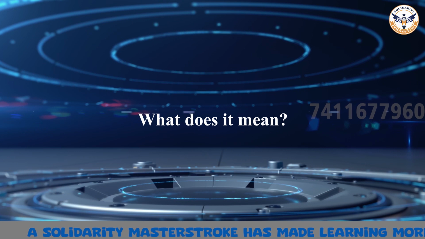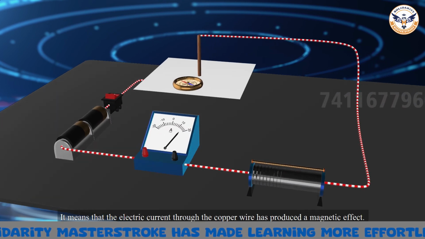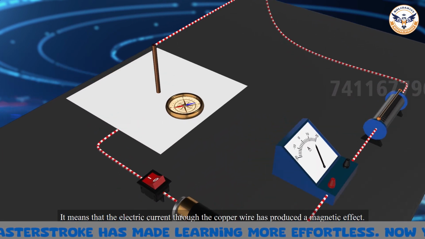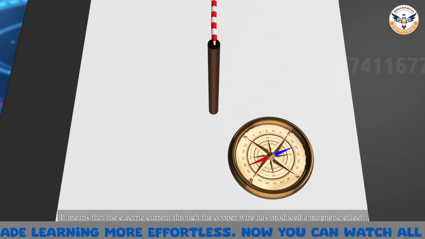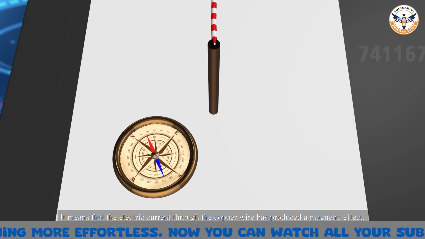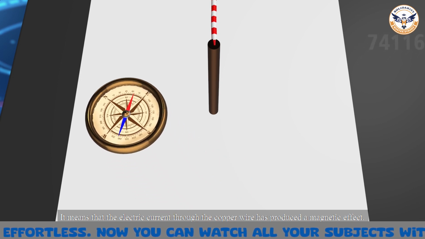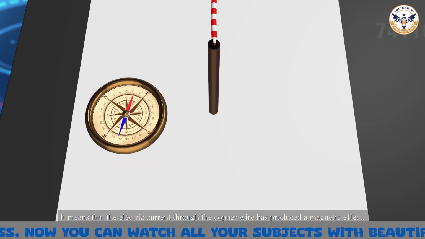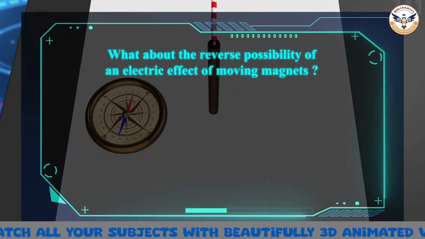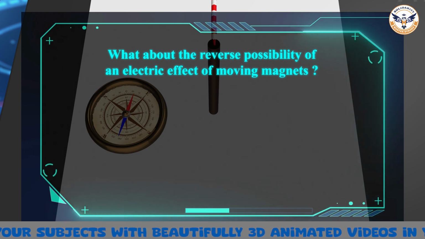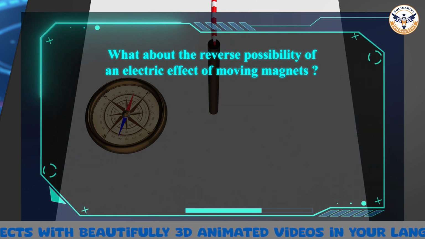What does it mean? It means that the electric current through the copper wire has produced a magnetic effect. Then, we can say that electricity and magnetism are linked to each other. Then, what about the reverse possibility of an electric effect of moving magnets?